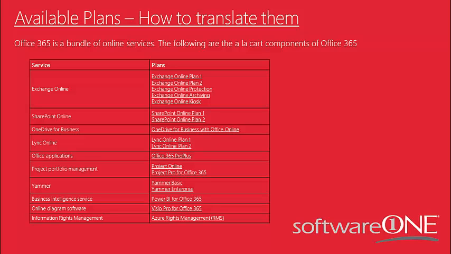So when you consider a bundle, we've all done Core CALs and Enterprise CALs and Enterprise Agreements. When you look at the bundle that is Office 365, they've packaged these components into it. The great thing is if you just need some users to use Exchange Online Plan 1, for example, that's all you have to subscribe to.